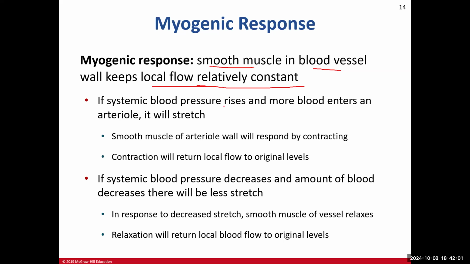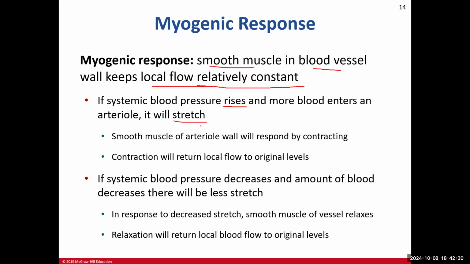As a result, we're going to see more blood going into the arteriole. And when more blood is going into the arteriole, it is going to put more of a stretch on the arteriole wall. So you have baroreceptors. Those are the stretch receptors that we find in our blood vessels. And those baroreceptors will then transmit that information of the stretch occurring there.